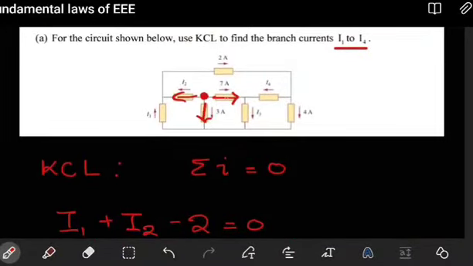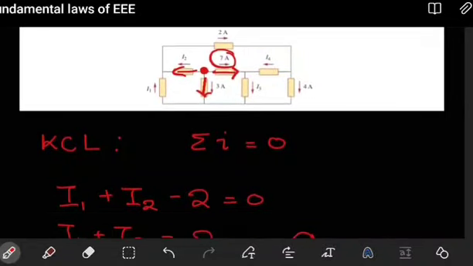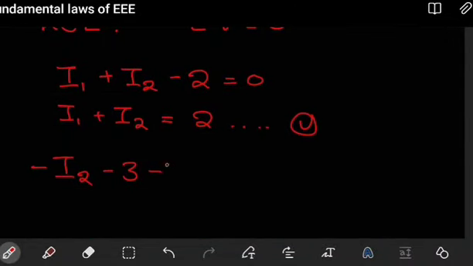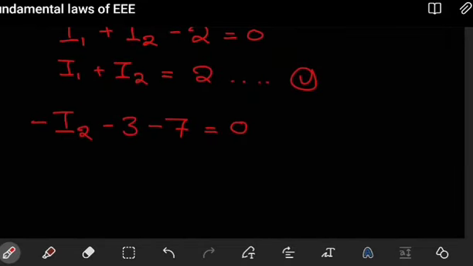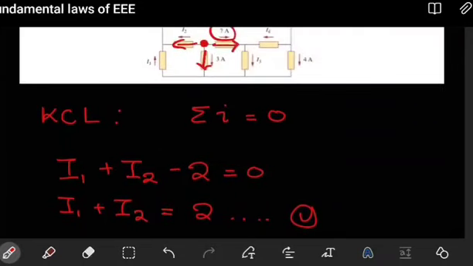Then we have the 7 amps also leaving, so minus 7 as well. This has to be equal to 0. For that junction, I2 goes to the right, becomes positive. This will be minus 3 minus 7, which becomes minus 10. So this tells us that I2 is negative 10 amps.